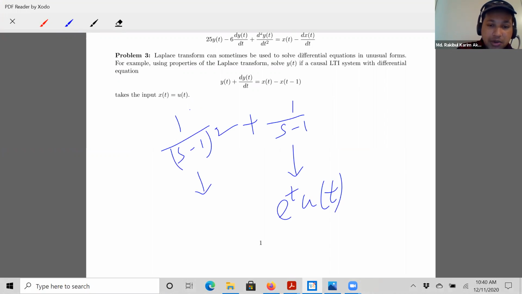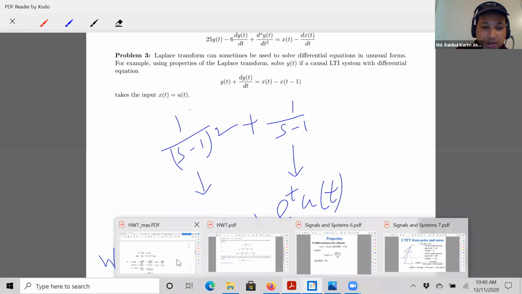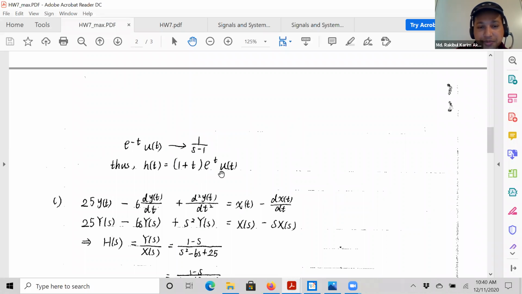That part also gives you e to the power t ut, but you have to multiply with a t. This is your answer in the time domain. After that, if you take the common part, then you can write it also in this form. The common part is e to the power t ut.